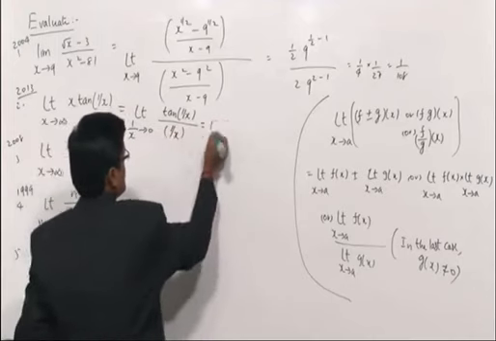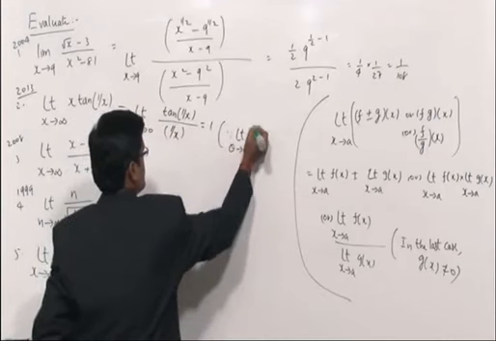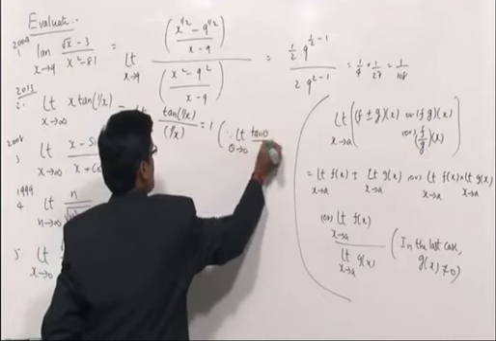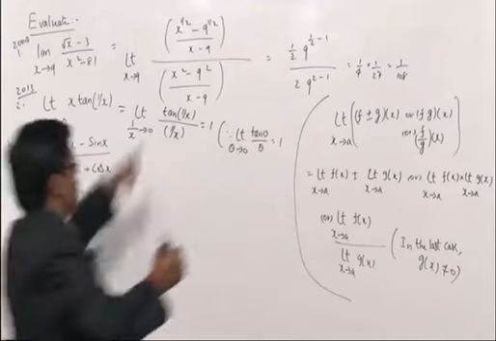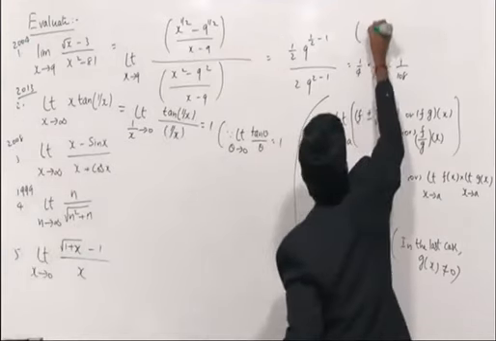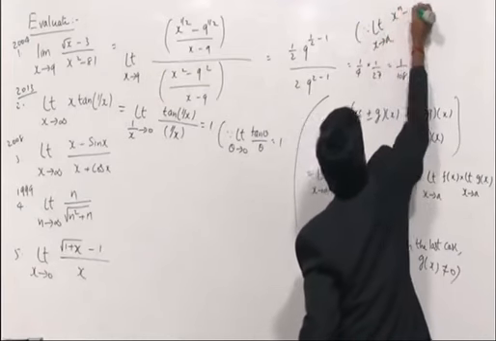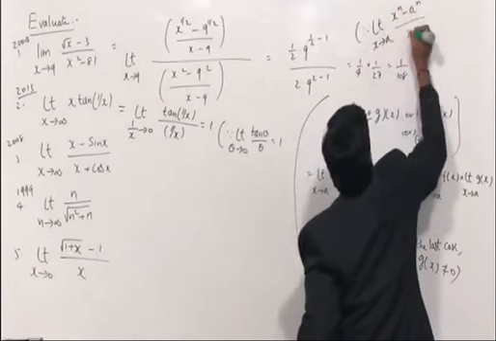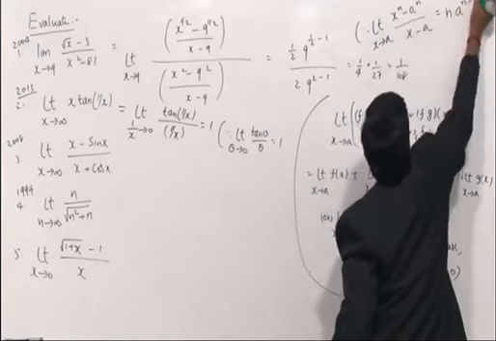So this is equal to 1, since limit theta tends to 0, tan theta by theta is equal to 1. Here which formula applied? In the first problem, limit x tends to a, x power n minus a power n by x minus a is equal to n into a power n minus 1.